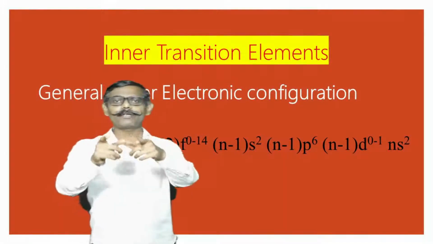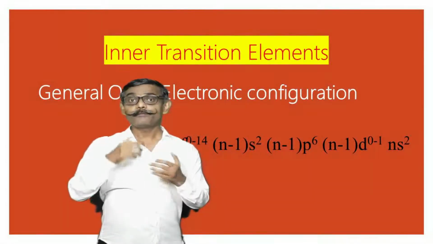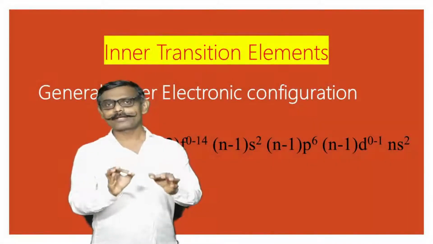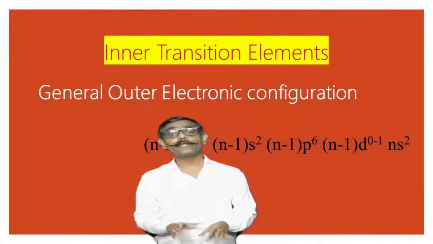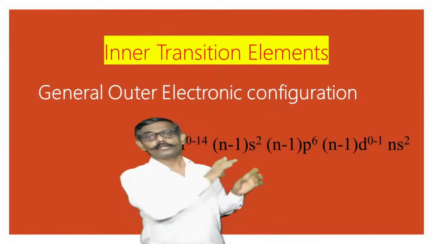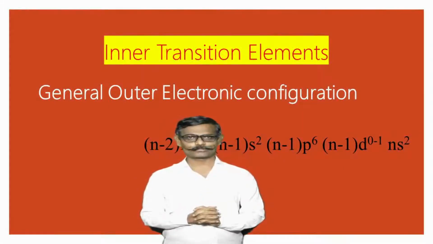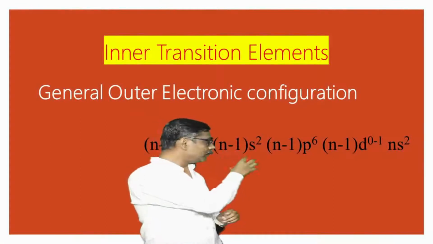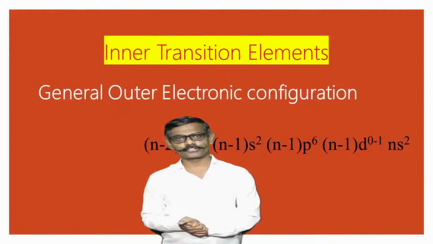These are the elements in which electrons enter the pre-penultimate (n-2)f orbital. These elements depend on (n-2)f electrons. Therefore, our focus will be on this outermost electronic configuration.